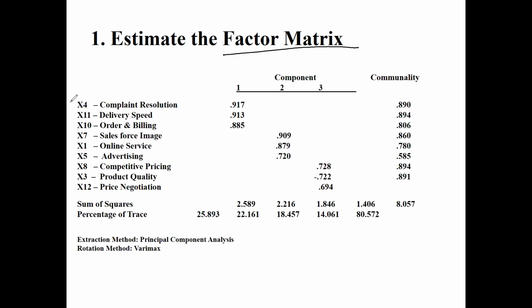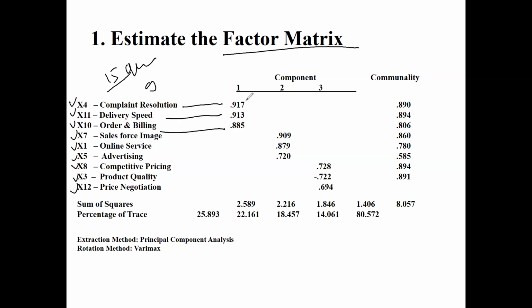These are our variables, questions. Initially, we took 15 questions. After exploratory factor analysis, we have 9 questions. 6 questions were deleted. On what basis were they deleted? The factor loading was less than 0.708. So here it is the factor matrix.